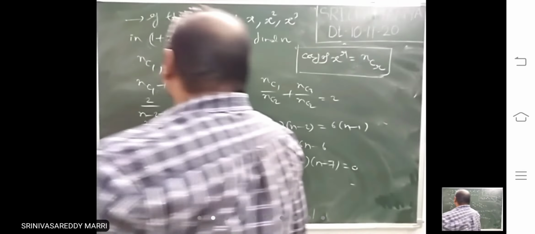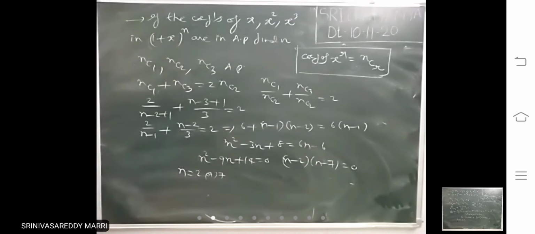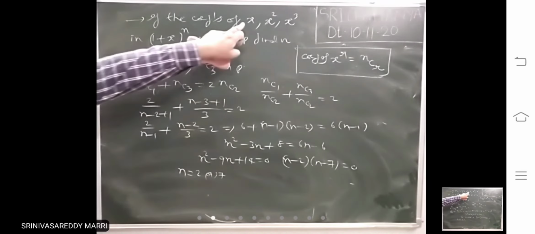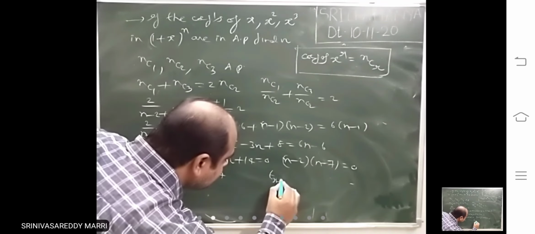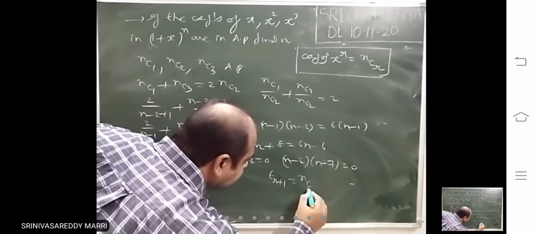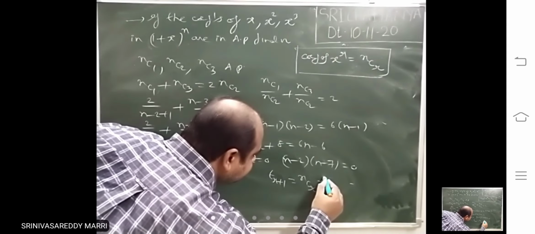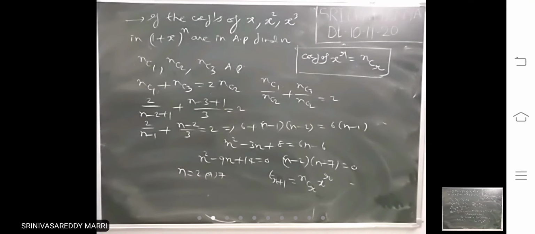So look at, here coefficient of x square, x cube are given, right? Now the general term is what actually, T(r plus 1), general term I am writing, nCr into x power r. Right?